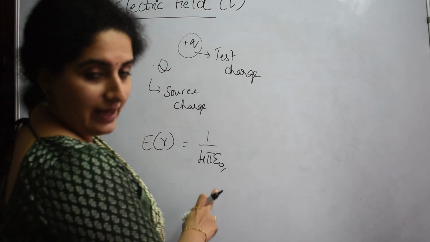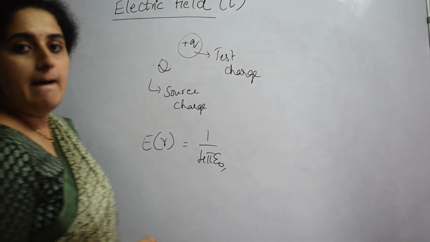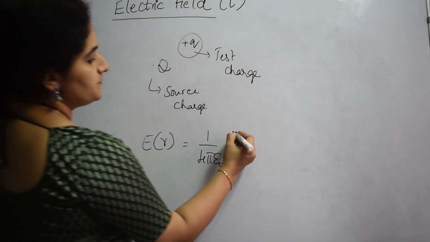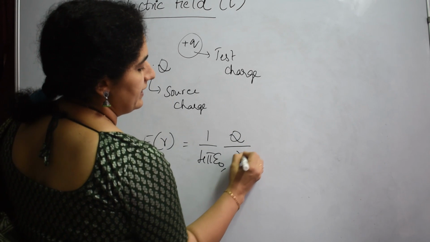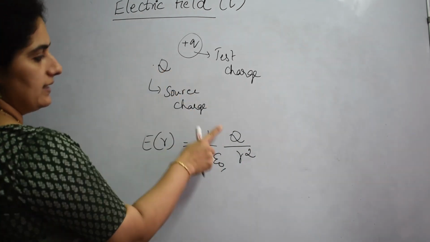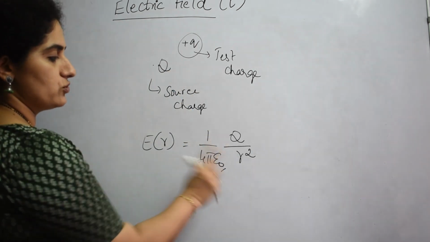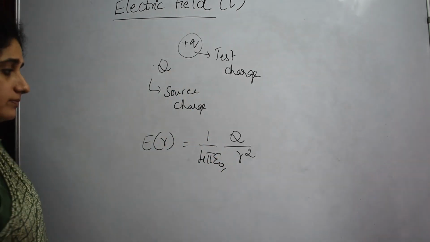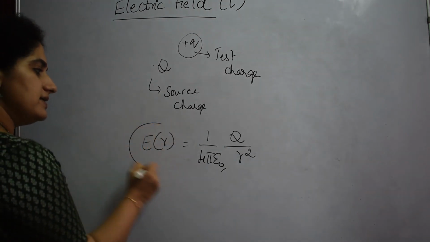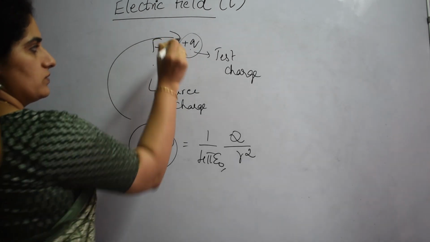If you are keeping it in vacuum, you have to consider epsilon naught, the absolute permittivity of free space, Q divided by R square. So whatever Q you are taking as the source charge, that has to be considered. Now because of this, when you bring the test charge, it will experience the force.